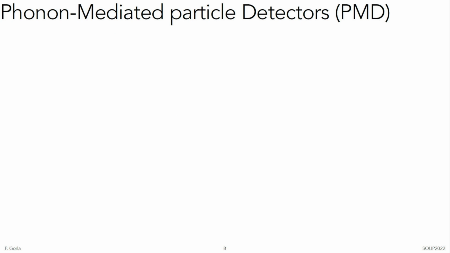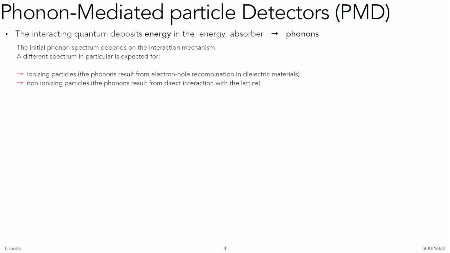So in a phonon-mediated particle detector, the interaction of the radiation deposits energy into the absorber and generates this kind of excitation, the phonons. And you have an original distribution of phonons which really depends on the kind of interaction mechanism, of the kind of radiation that is interacting.